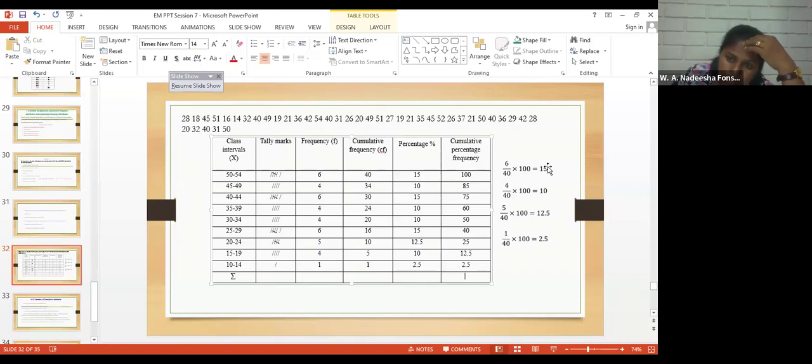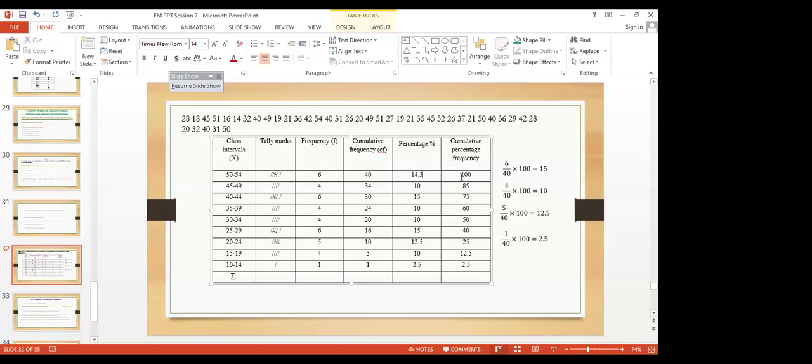Assume that here you get the percentage value as 14.3. Then 85 plus 14.3 becomes 99.3, not 100.